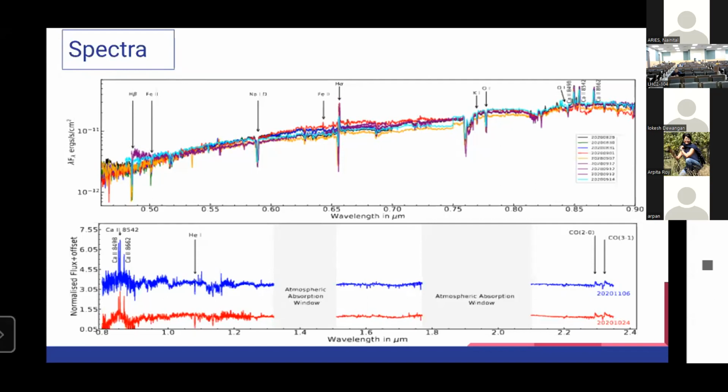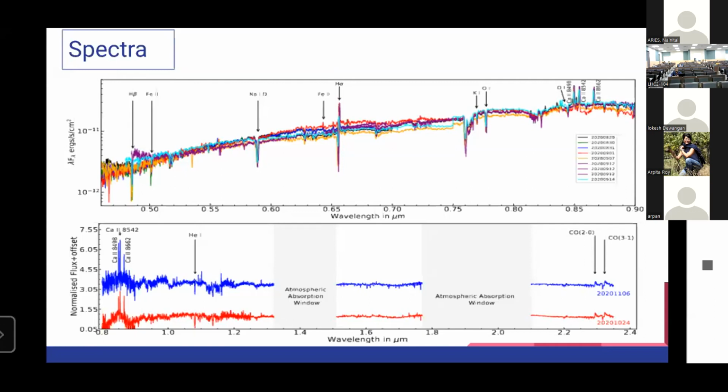However, in the TANSPEC spectra, which we obtained from the 3.6-meter telescope, the carbon monoxide bands at 2.29 micron and 2.3 microns are in emission. So these features state that there is a temperature inversion at that part of the disk, as opposed to the FUORs.